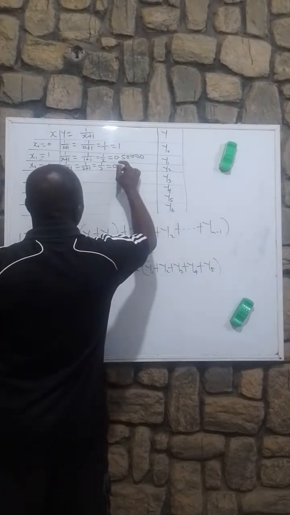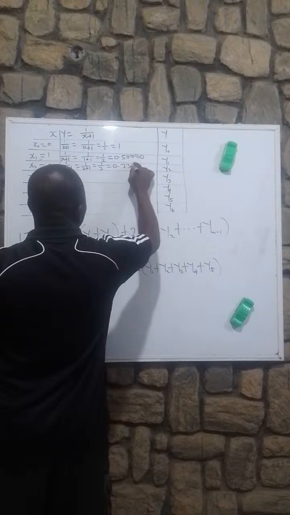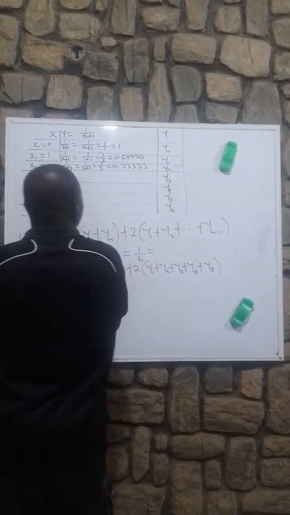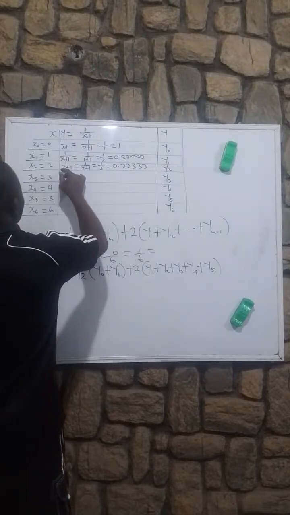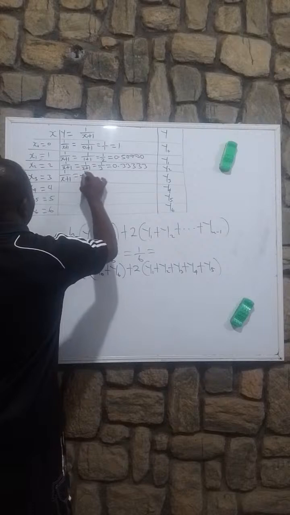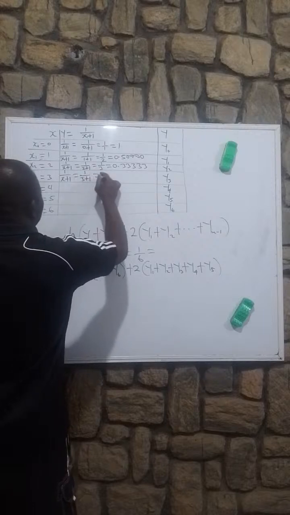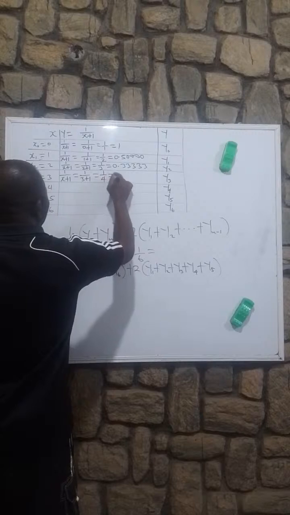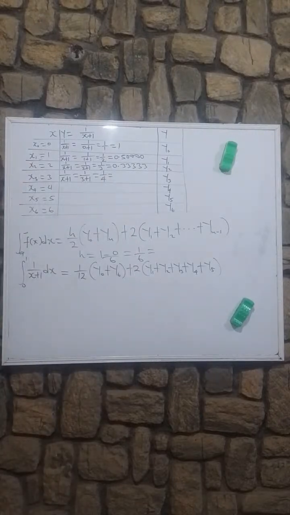Here we are going to have 0.33333, right? Then here 1 all over x plus 1 equals 1 all over 3 plus 1, right? Then here we have 1 all over 4. What is 1 all over 4?